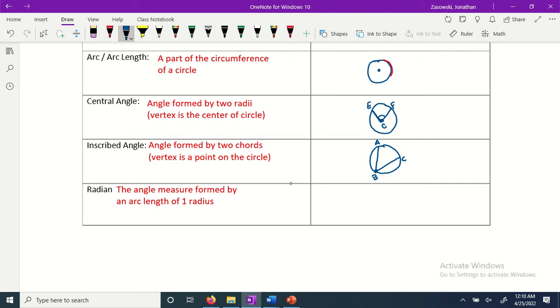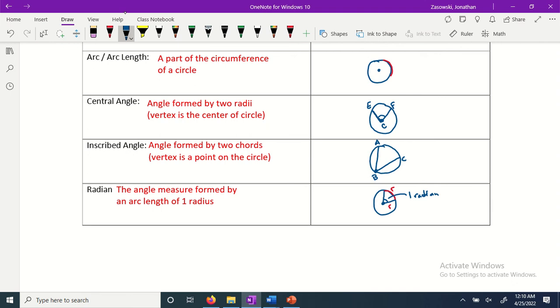And the last one is going to be a radian. So a radian is the distance traveled around the circle that's equal to one radius traveled around the circle. So if this is the length of one radius around the circle, this angle being formed is equal to 1 radian.